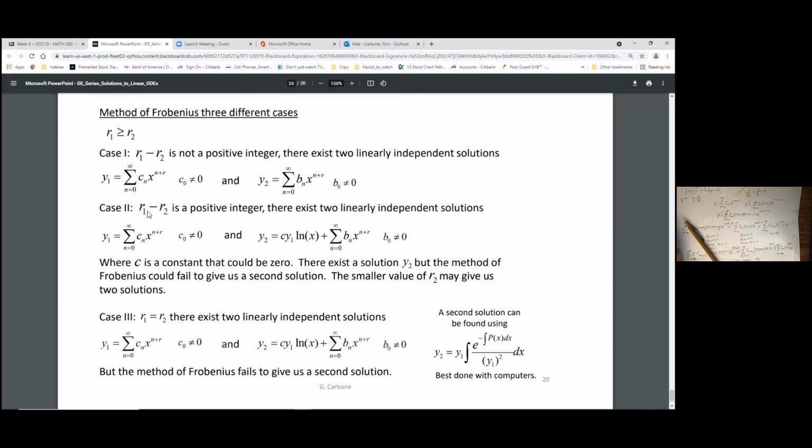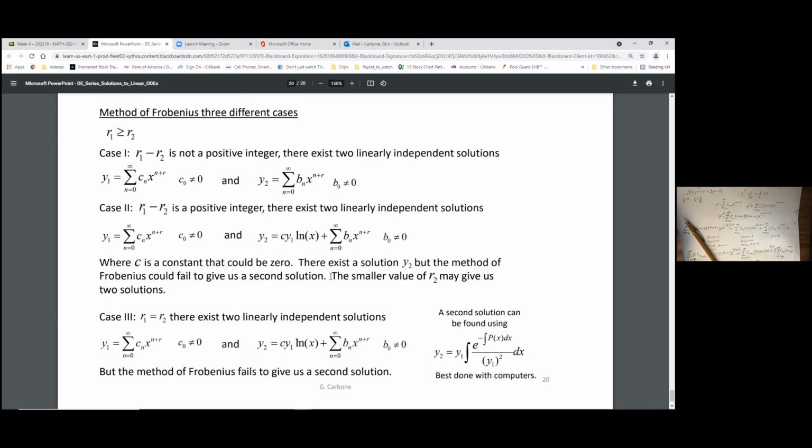Now, it turns out if R1 minus R2 is a positive integer, once again, there does exist two linear independent solutions, where C is a constant that could be 0. So there exists a solution C1, but it could turn out that the method of Frobenius fails to give us a second solution.